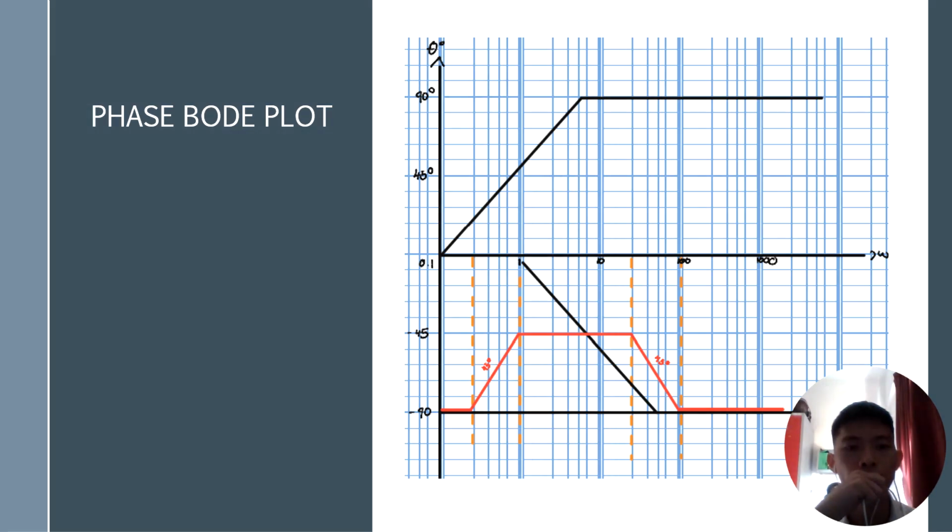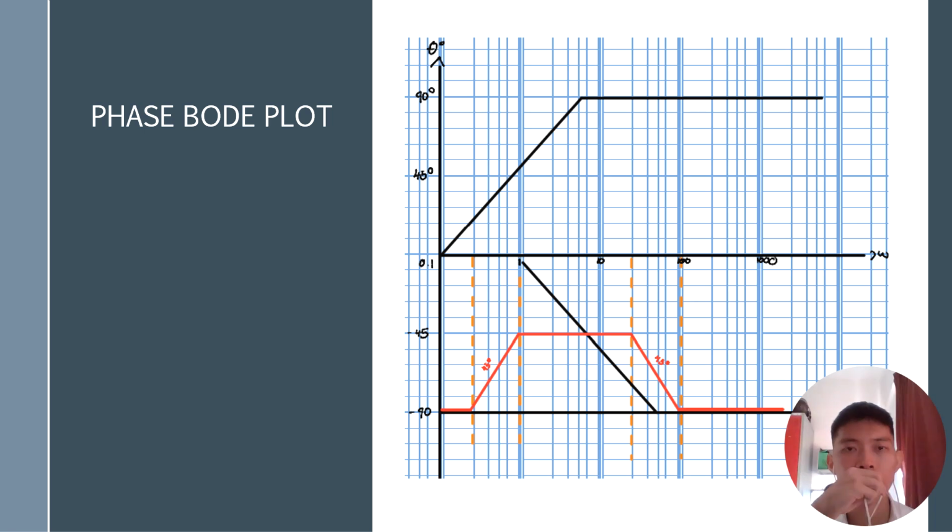Okay, now I want to explain the phase plot. The phase plot illustrates the phase shift angle of H(jω) in degrees between the input and output signal. Phase calculation: the total phase is the sum of the angles of the zeros minus the sum of the angles of the poles.